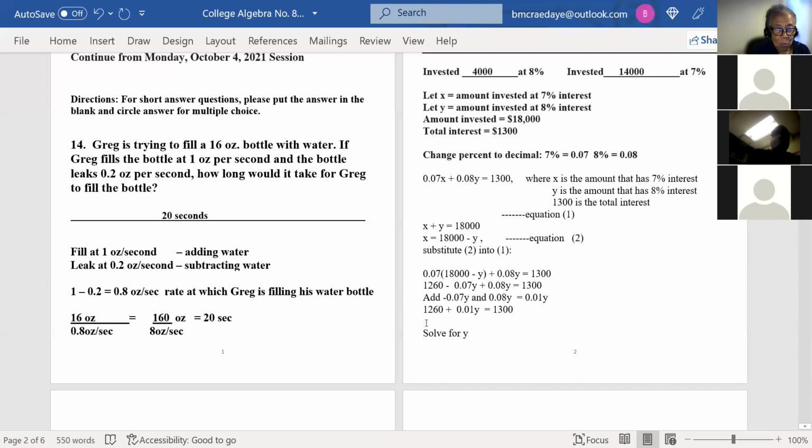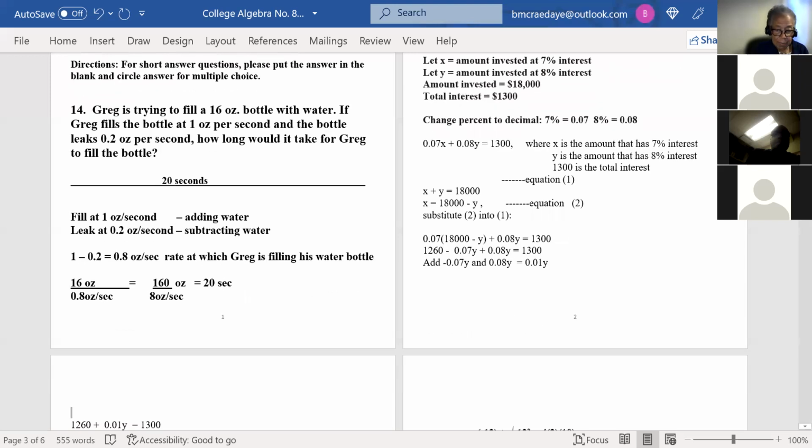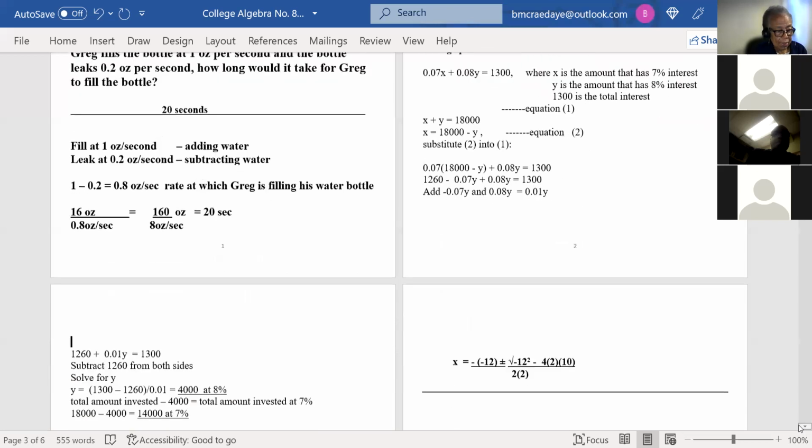So to solve for Y, the first thing I do is what? Subtract 1260 from both sides. So if I subtract 1260 from both sides, let me just put this all together.